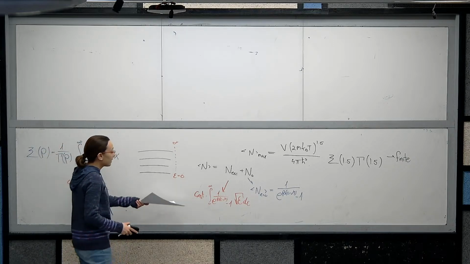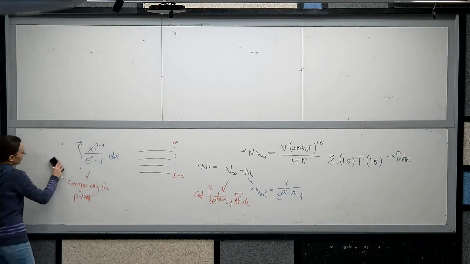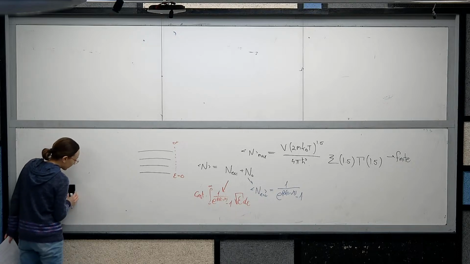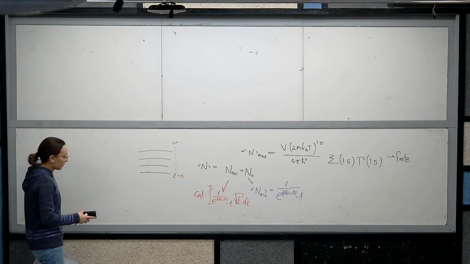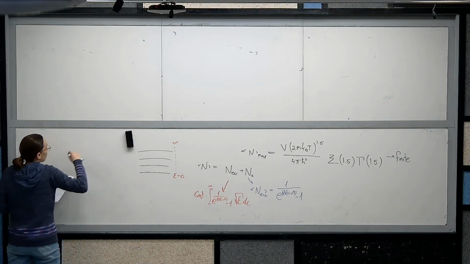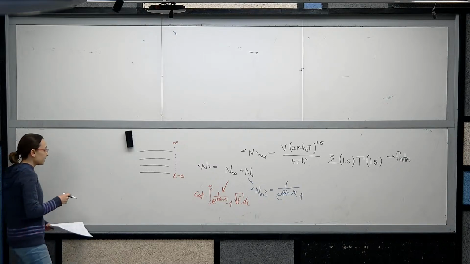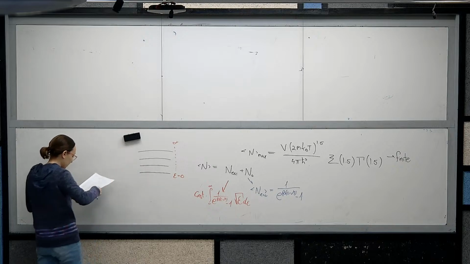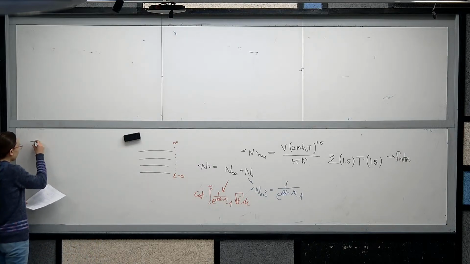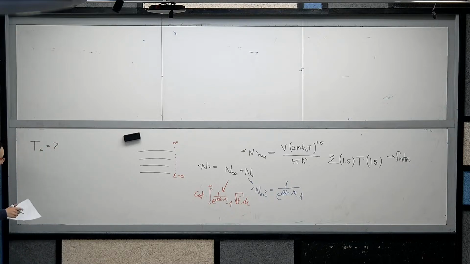Okay, so let's see how this depends on the temperature. We have here some phase transition, right, from a classical behavior to a quantum behavior. So we want to find the temperature at which we see the phase transition occurring. We can define this T critic, and we want to find it.